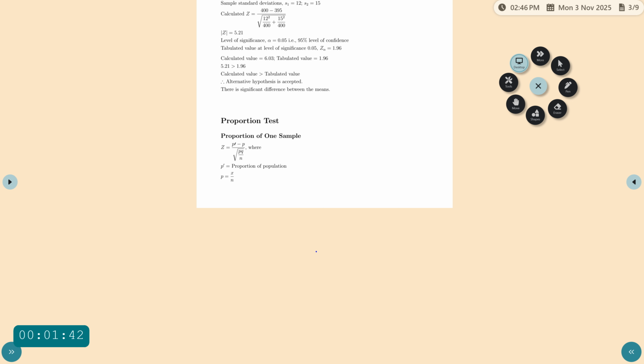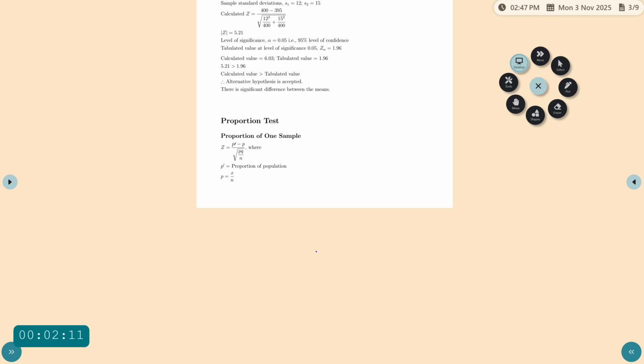In the same way, proportion test. Since proportion test is for large samples, we use Z test for the testing of hypothesis. So proportion of one sample. In a mean test, we have mean for sample and mean for population.